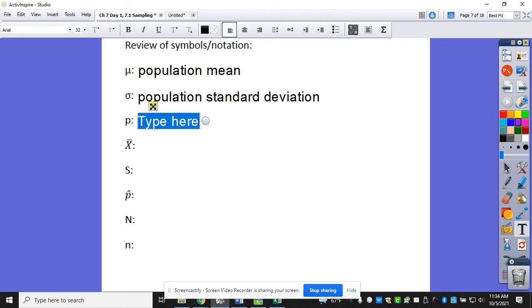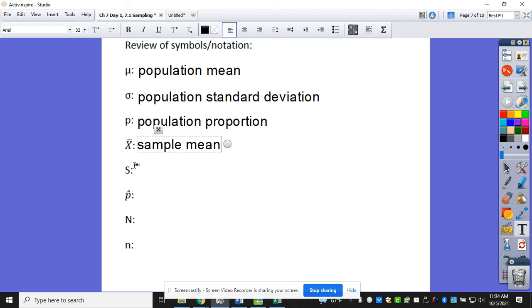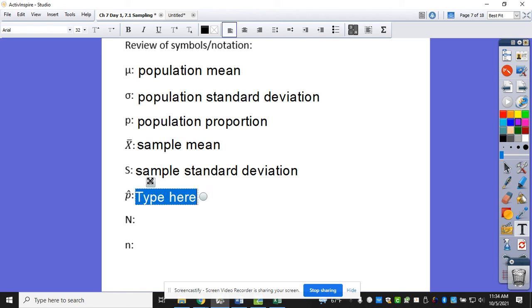So this one's from today, but what is that third one? What's the next one? S. Next one.